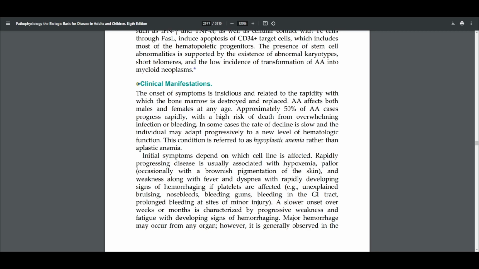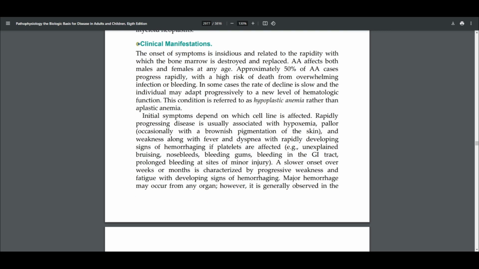So, how would your patient then present in terms of clinical manifestations with AA? The onset of symptoms is insidious and related to the rapidity with which the bone marrow is destroyed and replaced. Aplastic anemia affects both male and female at any age, so about 50% of AA cases progress rapidly with a high risk of death from the overwhelming infection or bleeding.